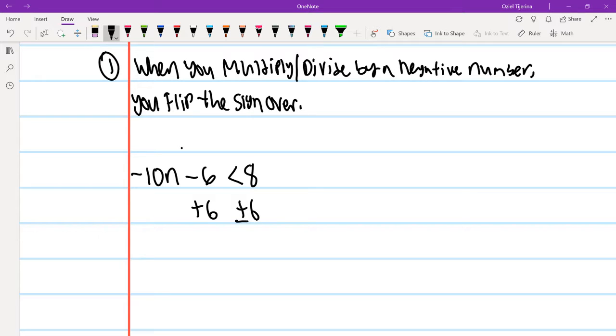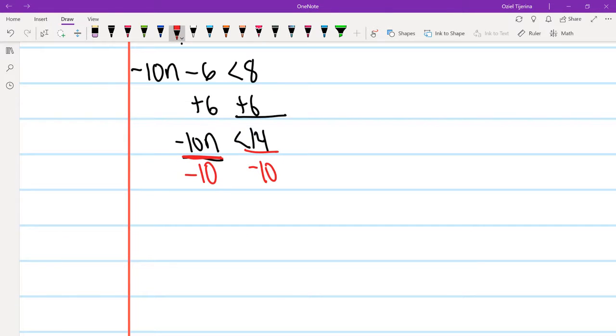So what you do is like a linear equation. You add 6 on each side, so you have 14 is less than negative 10n. And this is the part where you have to pay attention. You divide by negative 10 on each side, and you say n is greater than negative 14 over 10.